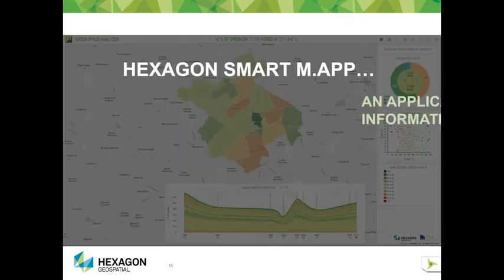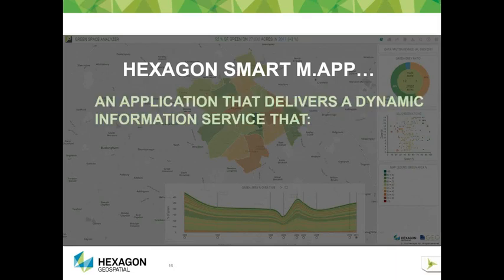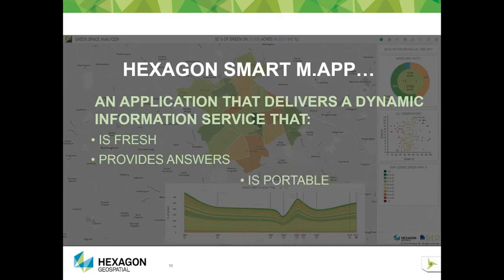So basically, summarizing Hexagon Smart Maps, it's a cloud-based application that delivers dynamic information services. They are fresh because they are connecting to up-to-date information services or content providers. They provide answers because they are not raw data. They are processed data, analyzing and delivering something that solves a specific problem.